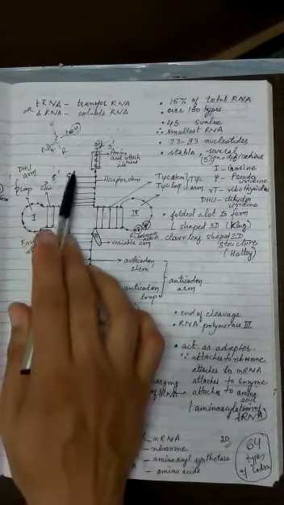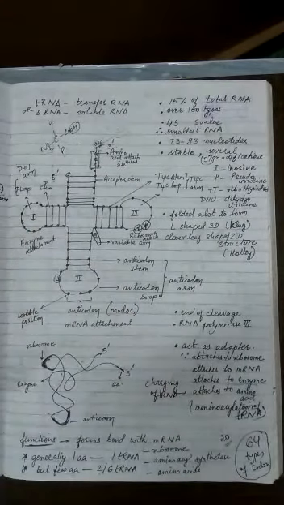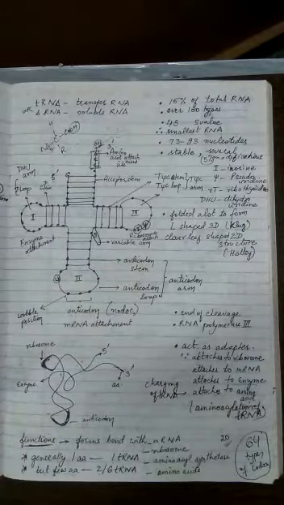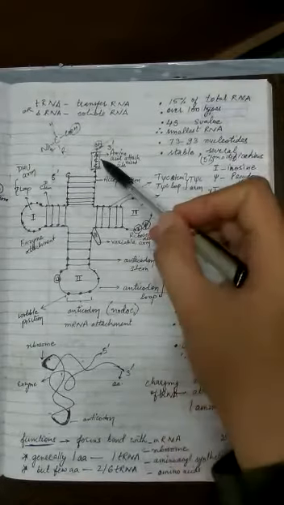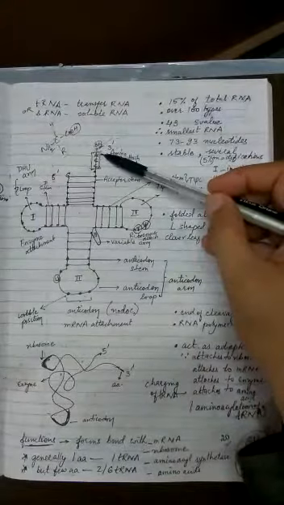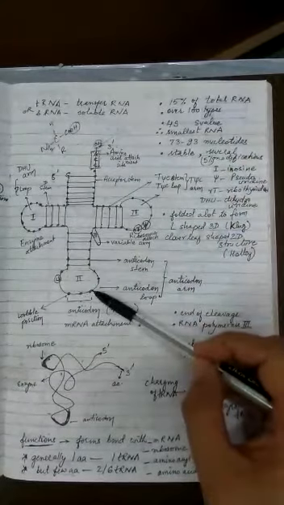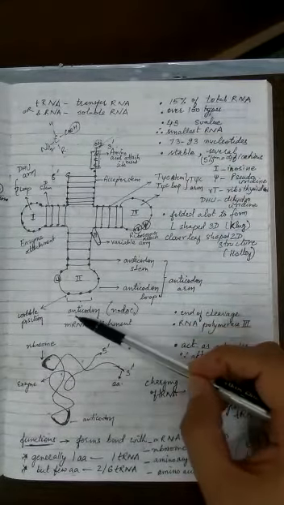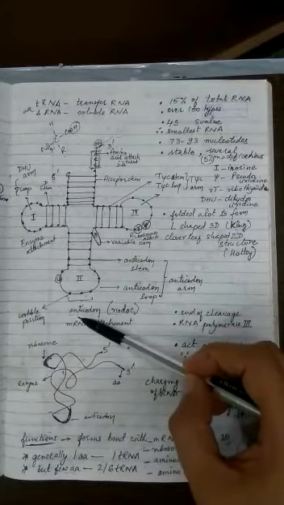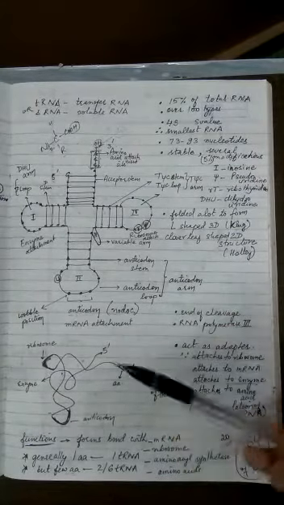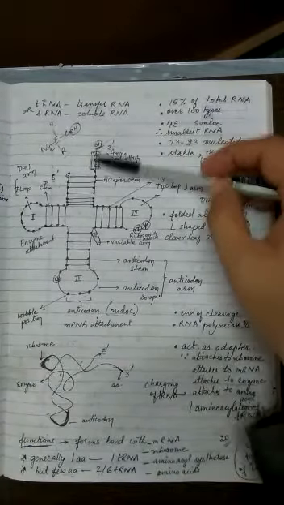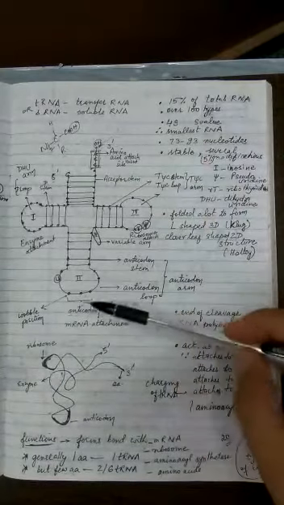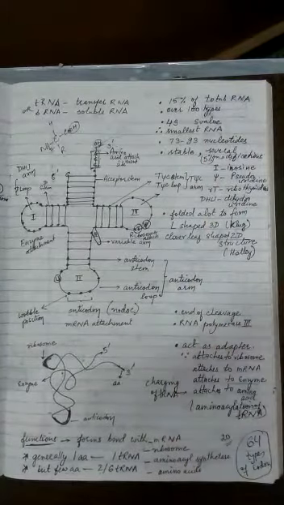The amino acid binding site and the anticodon are the two recognition sequences of the tRNA. This one will recognize the amino acid and this one will recognize the message on the messenger RNA, or you can say the codons of the messenger RNA. So this recognizes the amino acid, this recognizes the codons of the messenger RNA.